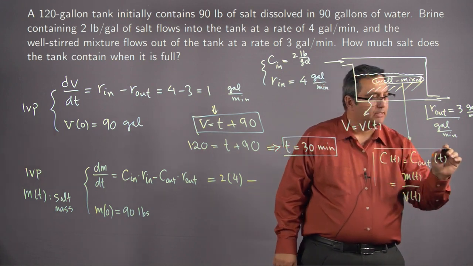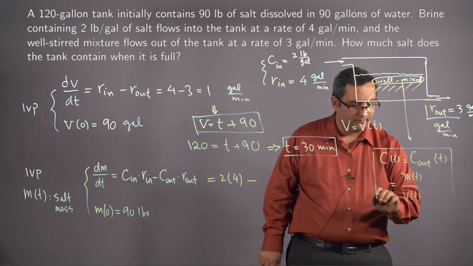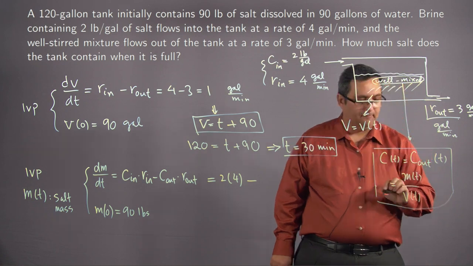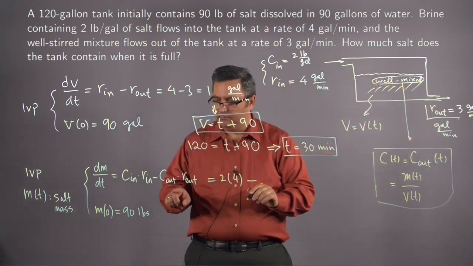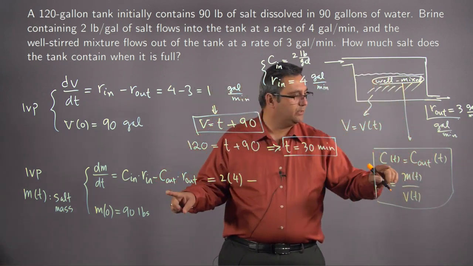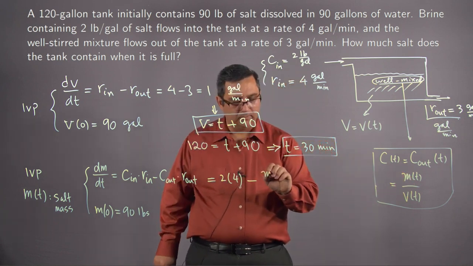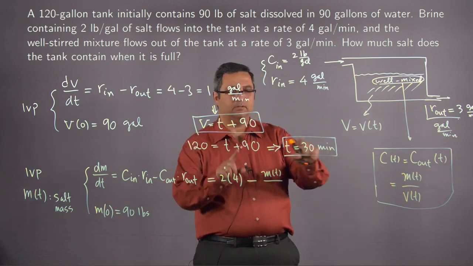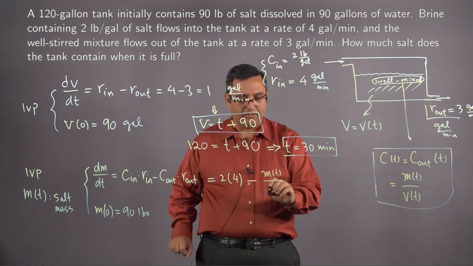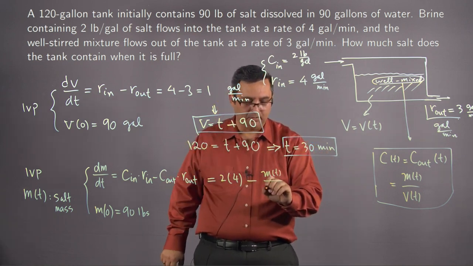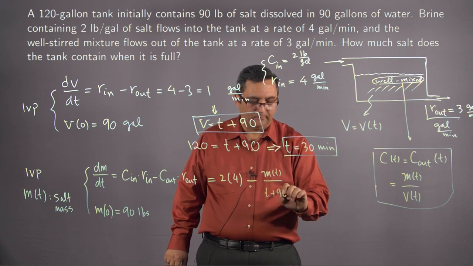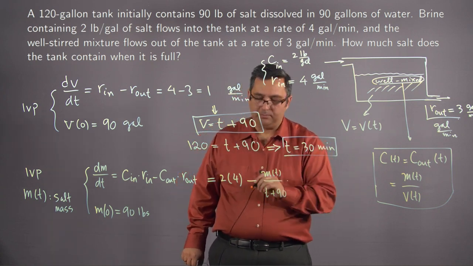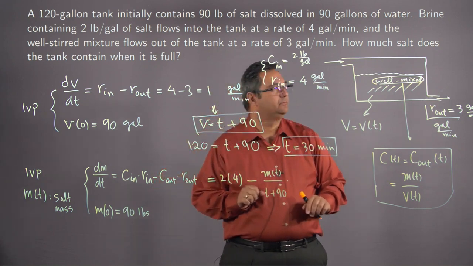So the well mixing condition gives rise to this formula. For C out, I'm going to put m over V, and V is already determined as a function of t, multiplied by R out, and R out is 3.